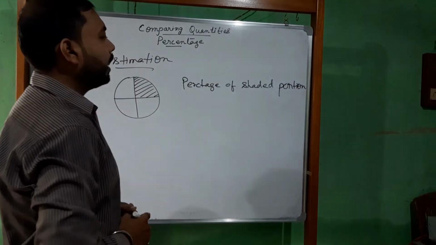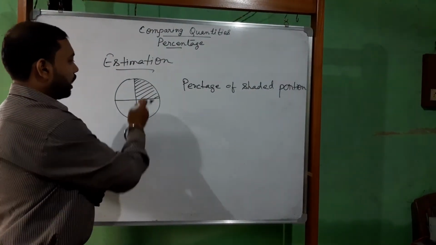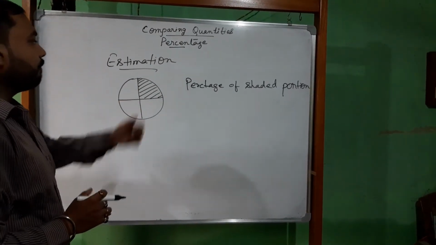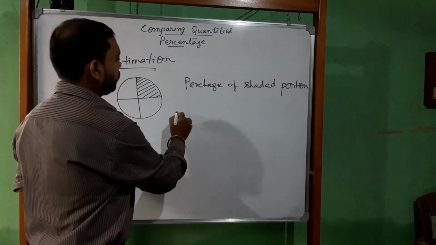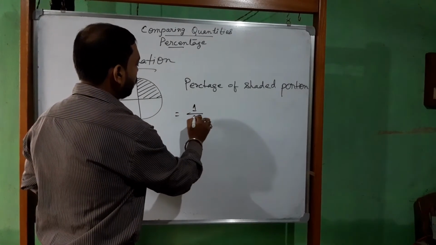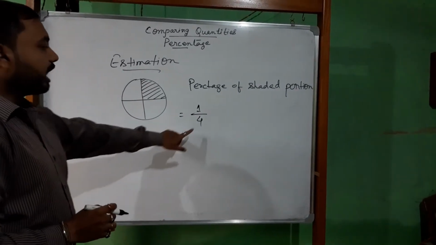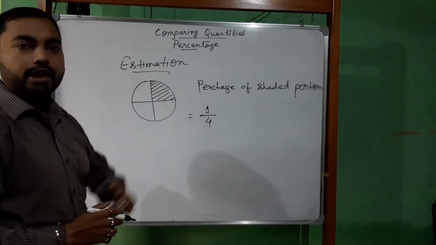So how can we find this? At first we have to find the fraction for this shaded portion. What will be the fraction for this shaded portion? It is 1 by 4 because the circle is divided into 4 equal parts. So in the denominator we write 4 and only one part is shaded, so in the numerator we write 1.